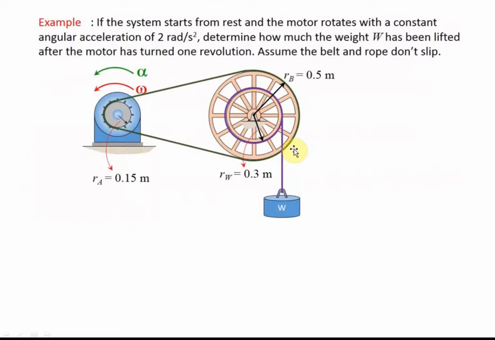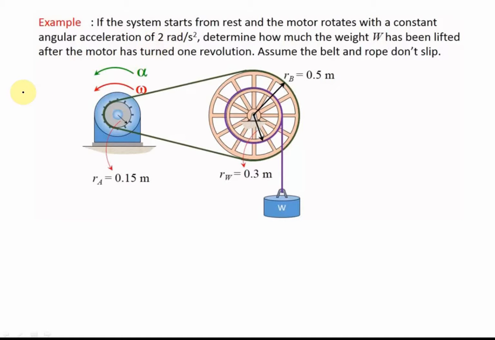To help you understand the concept more, let's do one example here. Right now, a two pulley system is connected, and the motor rotates with a constant angular acceleration of 2 radian per second squared.